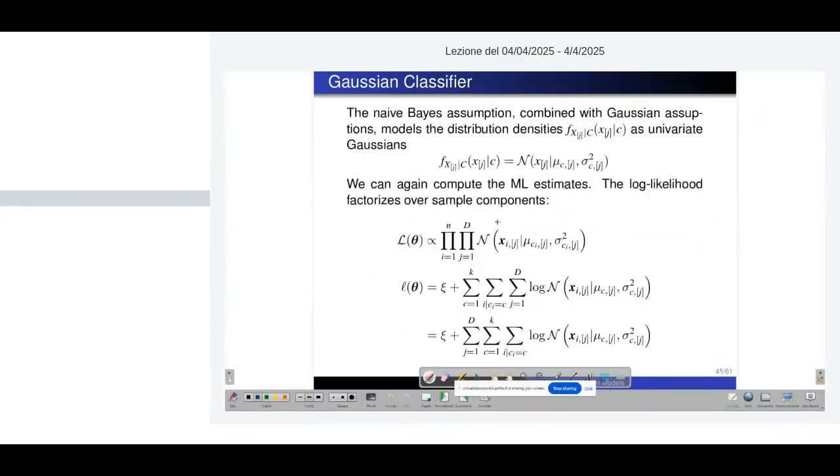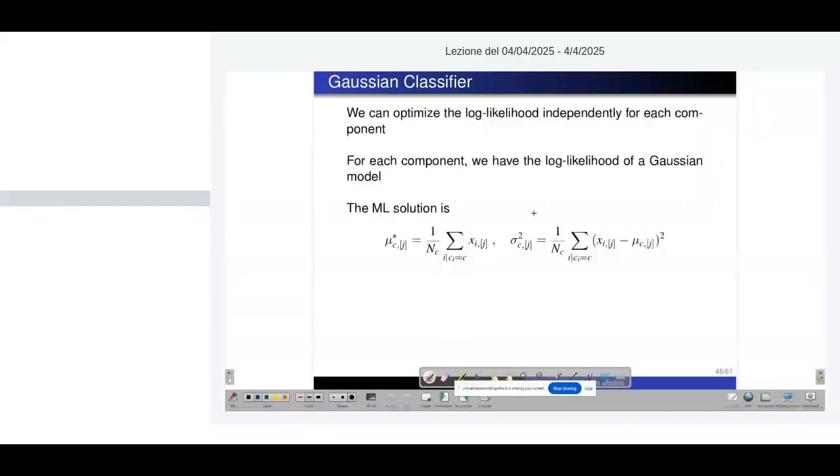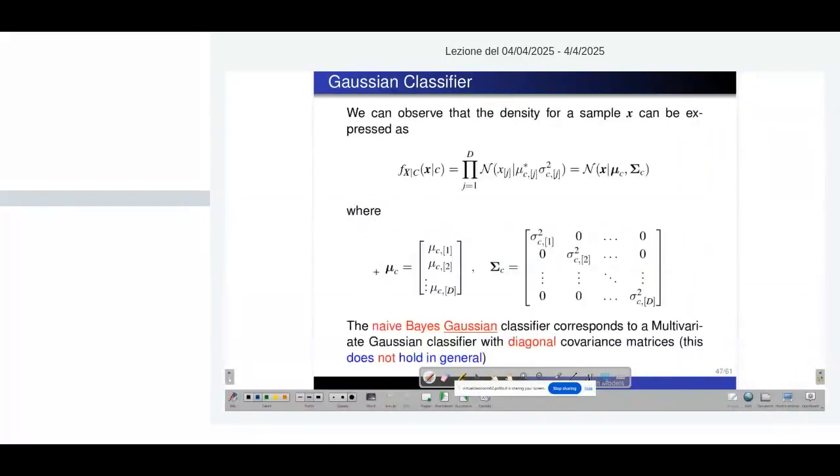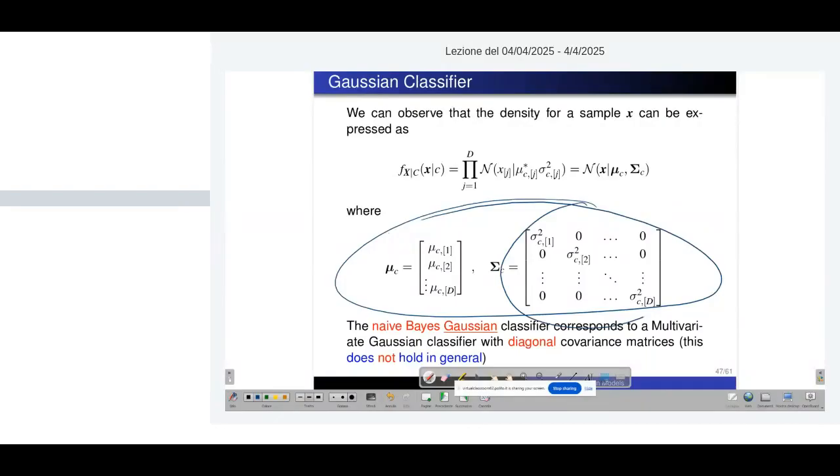With the naive Bayes model, essentially what we do is fit a univariate Gaussian model to each of the components on its own, and the result, again, corresponds to a multivariate Gaussian model, but this time with a covariance matrix that is diagonal. So essentially this model forces covariances to be zero. Why?